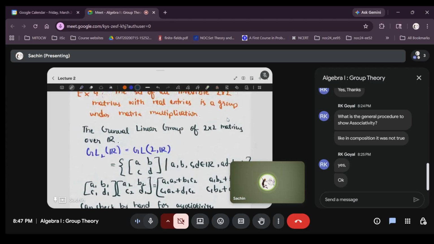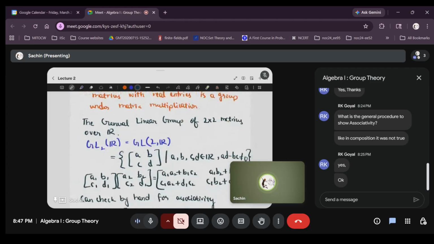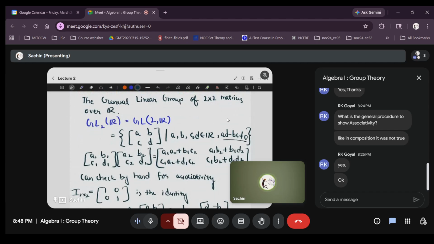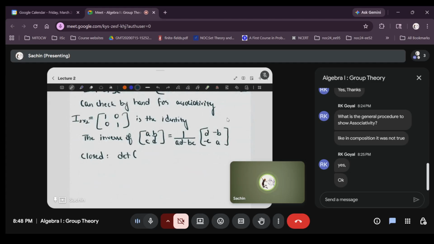Or if we define invertibility from the determinant condition, then another result from linear algebra is that the determinant of AB is the determinant of A times the determinant of B. And for integers, the product of two integers is zero only if one of the integers is zero, and for real numbers also.